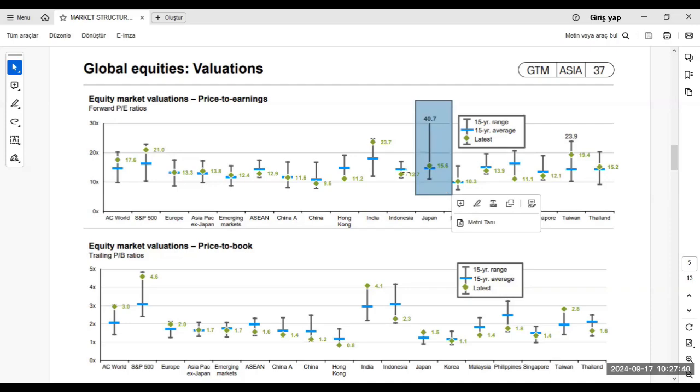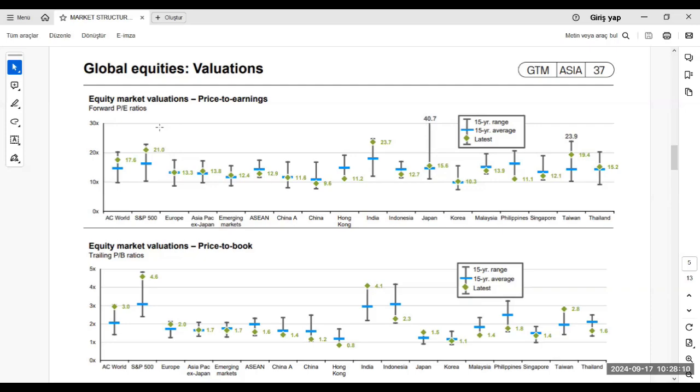What does the story tell us? Normally, during the 15 years, the latest value is in a good valuation range. But the 15-year range is approximately from 10 to 30, meaning the price earning ratio even increased to 30, a hugely expensive market.